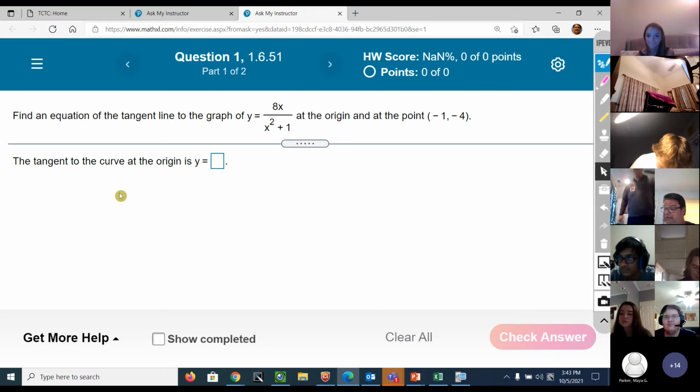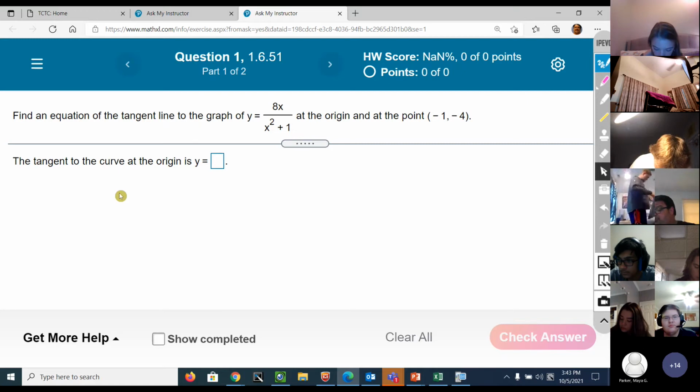All right, so y is equal to 8x over x squared plus 1. It says find an equation of the tangent line to the graph of y at the origin and at a point.